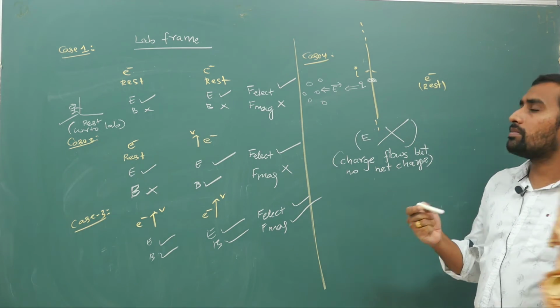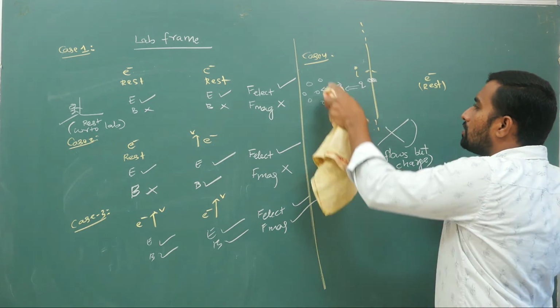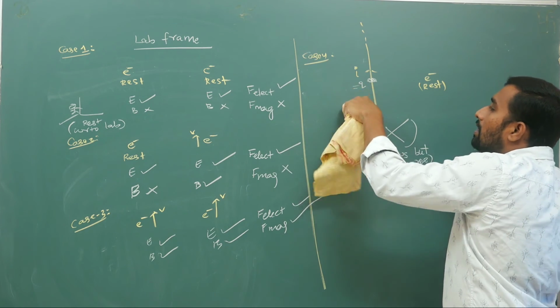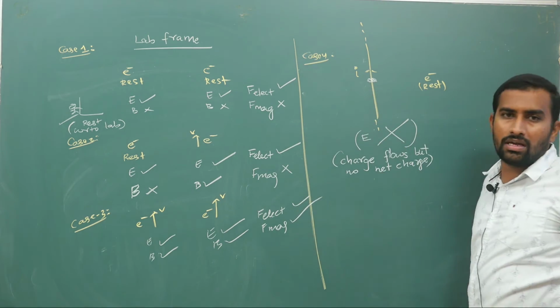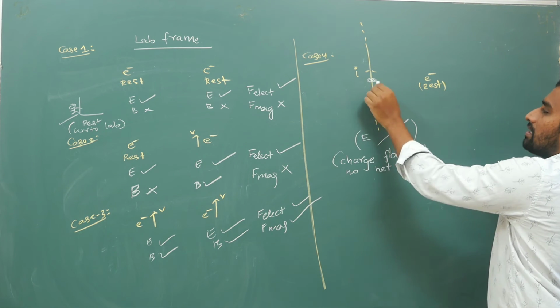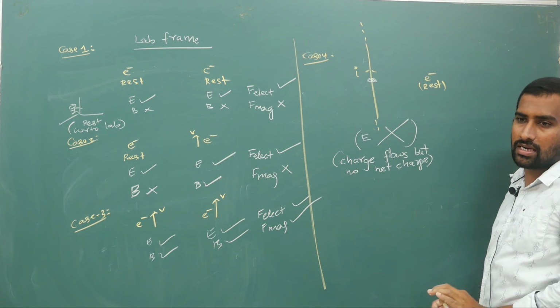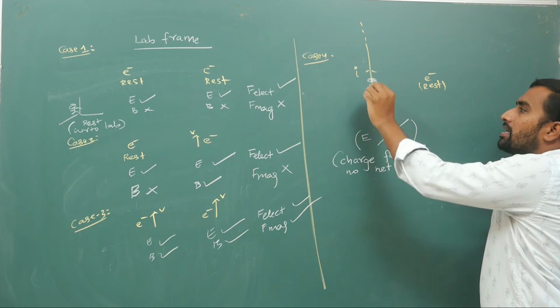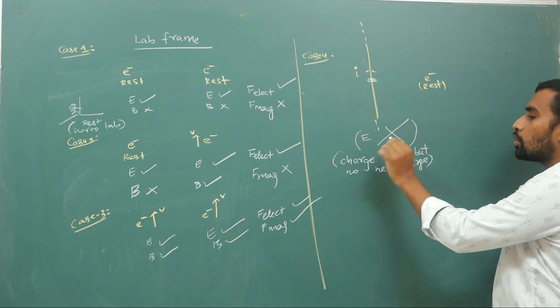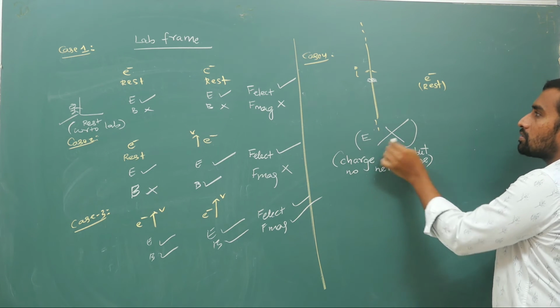Your current carrying wire will never produce electric field unless certain conditions are met. But usually at low voltage scales, I am clearly telling you this current carrying wire will not produce electric field. There is charge flowing inside the wire but there is no net charge, no field.